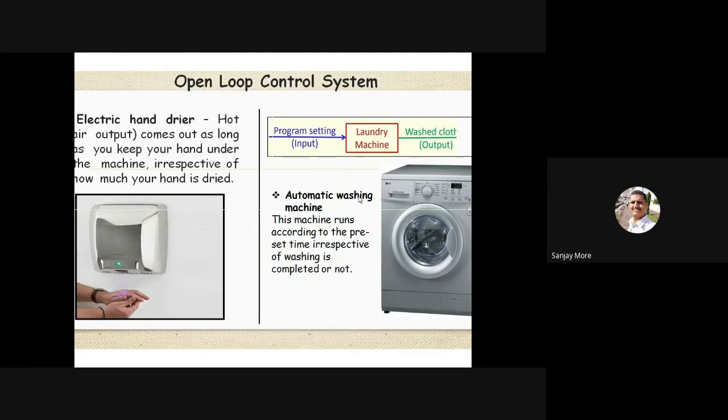See the examples of open loop control system. The first one is the electric hand dryer and the second one is an automatic washing machine. In the hand dryer, hot air output comes as long as you keep your hand under the machine, irrespective of how much your hand is dried.